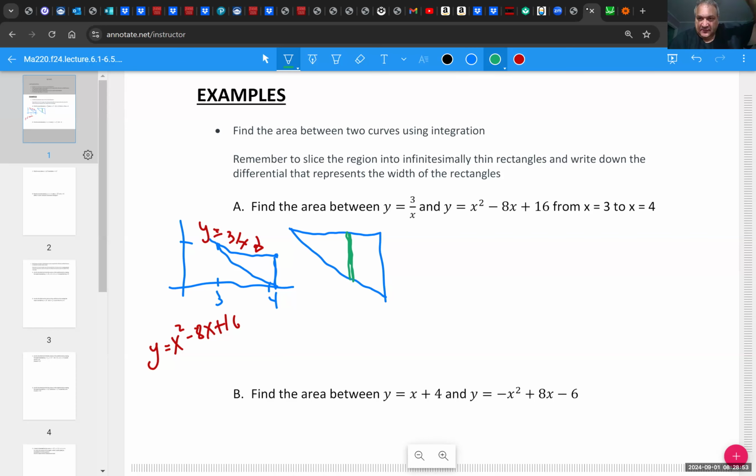The height is in the vertical direction, so that's a measurement in the y direction, and the width is in the x direction. An infinitesimally small change in the x direction is called delta x or dx, right? Delta x is the one where we say it's a finite change, dx where we say it's an infinitesimal change.